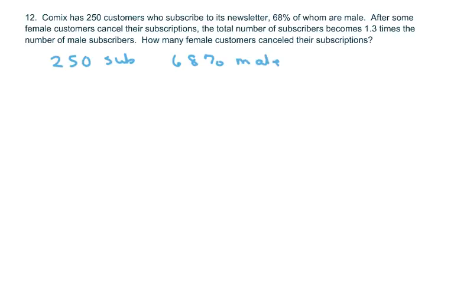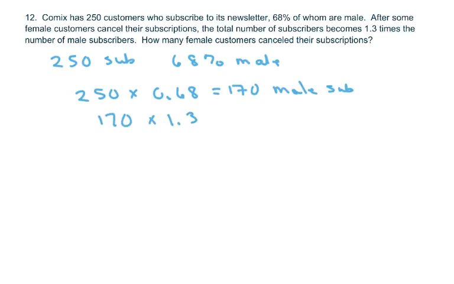So this means we have 250 times 0.68 equals 170 male subscribers. After some females unsubscribe, the total subscriber count is 1.3 times the number of male subscribers. So for a total of 170 times 1.3 equals 221 subscribers.